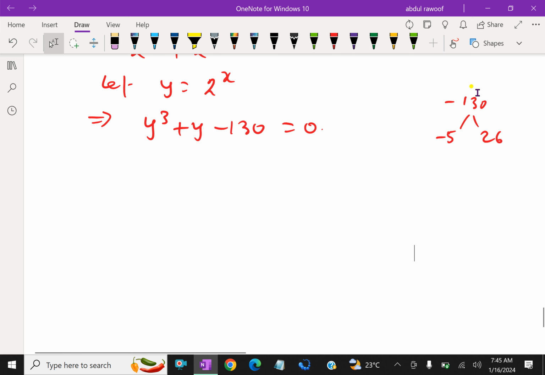Further y can be written as 26y minus 25y.